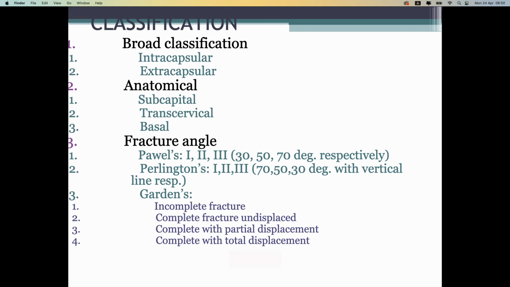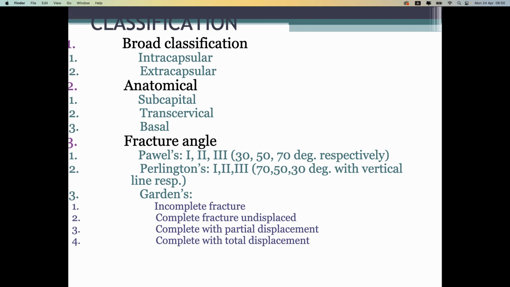Then the next classification is called Pauwels' classification. It has three types, 30, 50, 70 degrees, depending upon the stability. And then the last classification is Garden's classification.